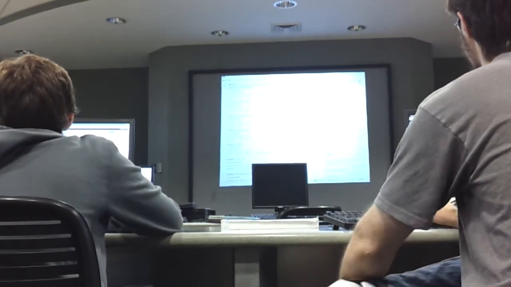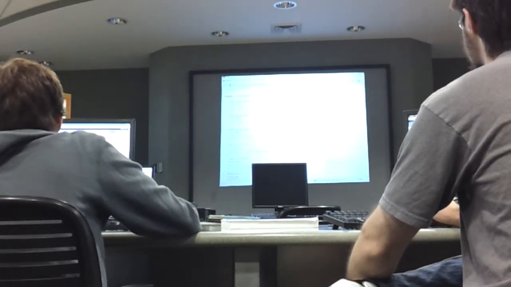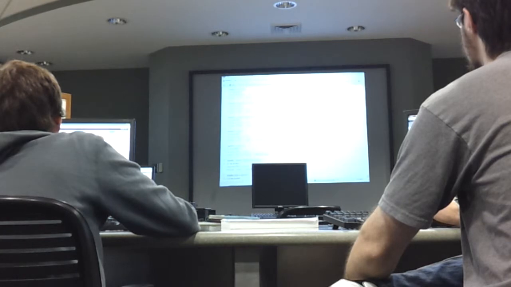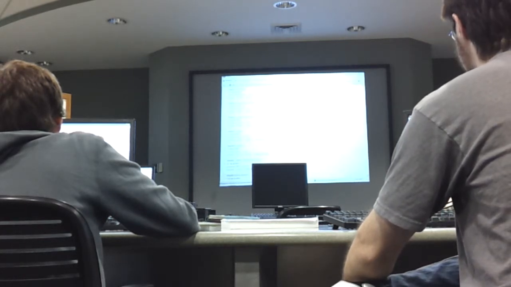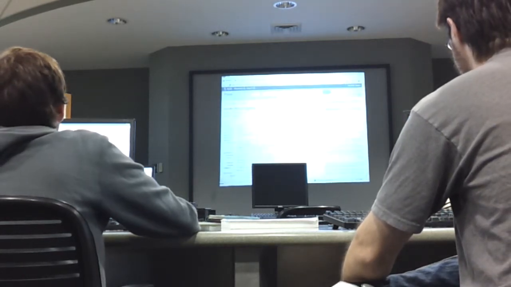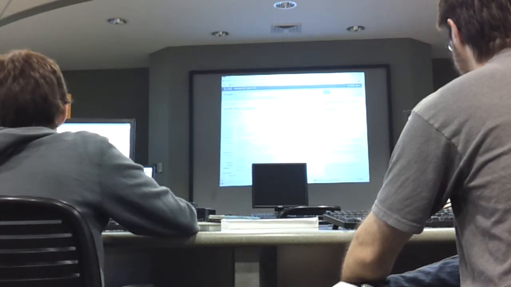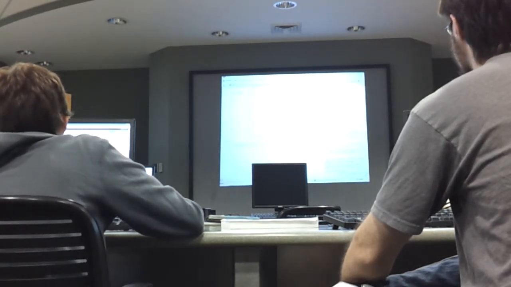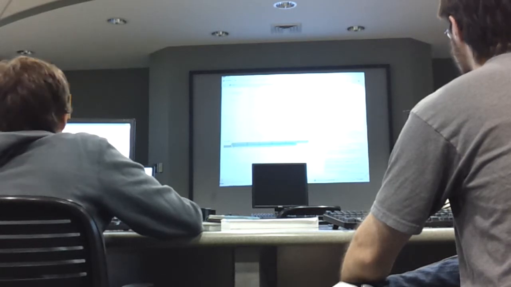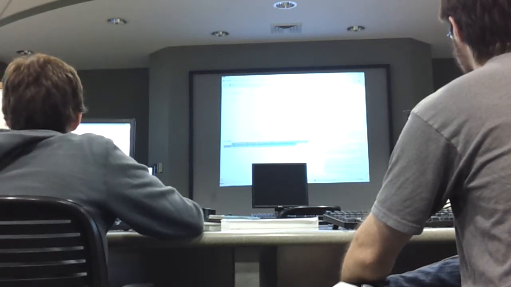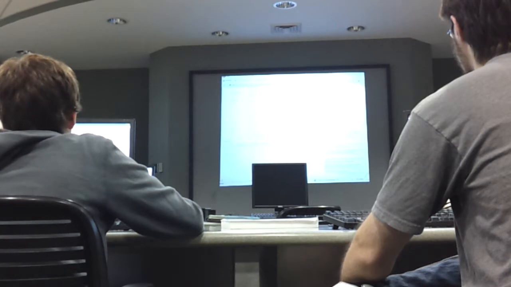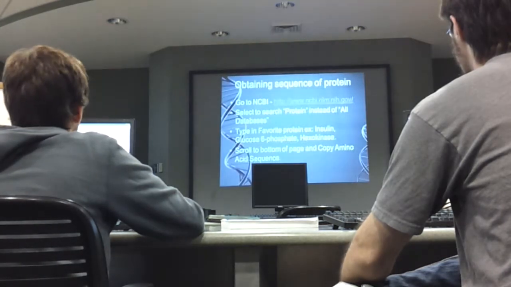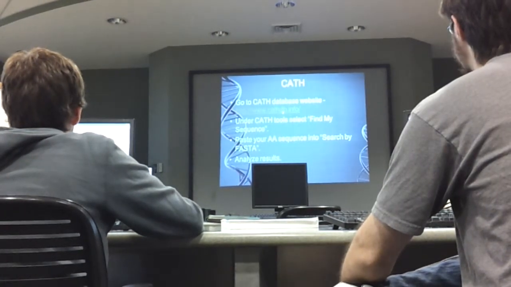You can select any of these, they're different species. I'm going to go ahead and pick 13. This one's good. If you scroll to the bottom, this is the amino acid sequence. I'm going to use this and go to the CATH website.